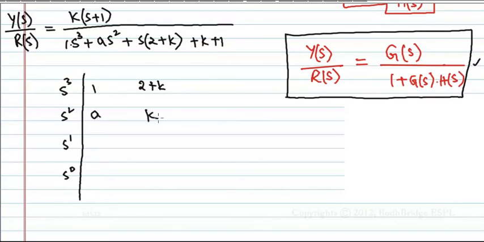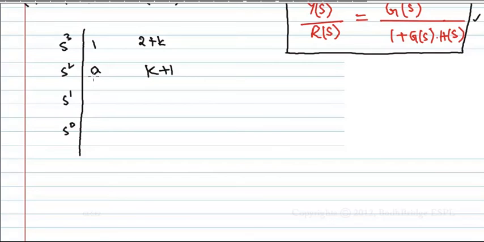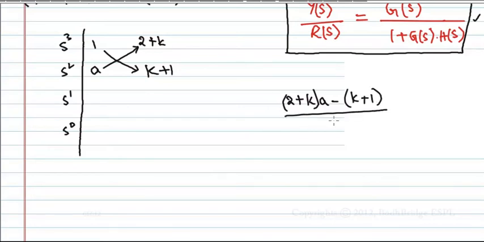Then again k plus 1. This is what the rule says, right? And what will s power 1 be? This into this minus this into this by a. Therefore (2 + k)a minus (k + 1) by a.